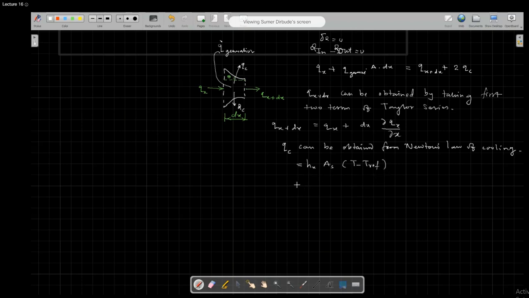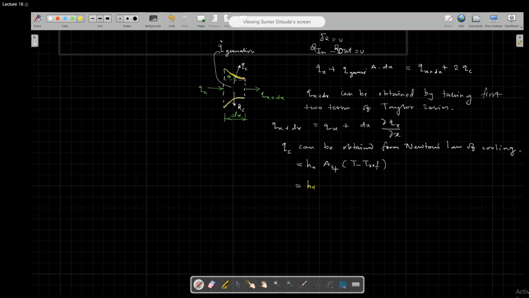And here we can see that hx is a heat transfer coefficient as a function of x along this wall. Along this wall, the variation of hx.